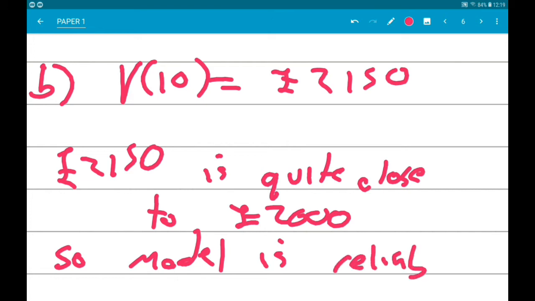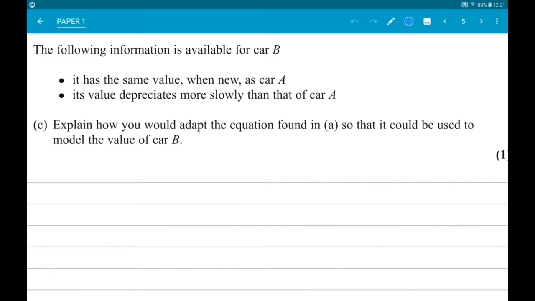And we're told car B has the same starting value as car A, but the value decreases at a slower rate. We're asked how we could adapt our model so that it can be used for car B. So, the part of the model in charge of the rate of decrease is the minus 0.223.